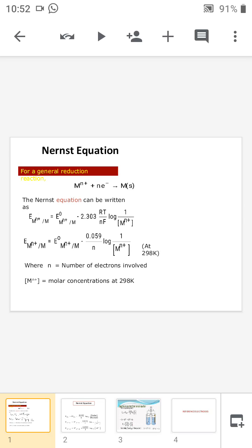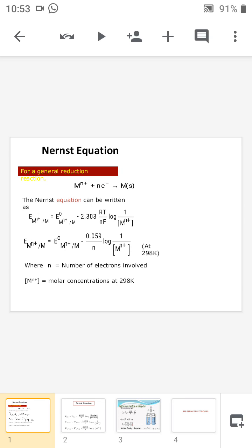See here, the log 1 is representing the molar concentration of the M, but if the element is taken in the elemental state, we have to substitute the concentration of the M as 1, that is activity. So substitute log 1 divided by M^n+.